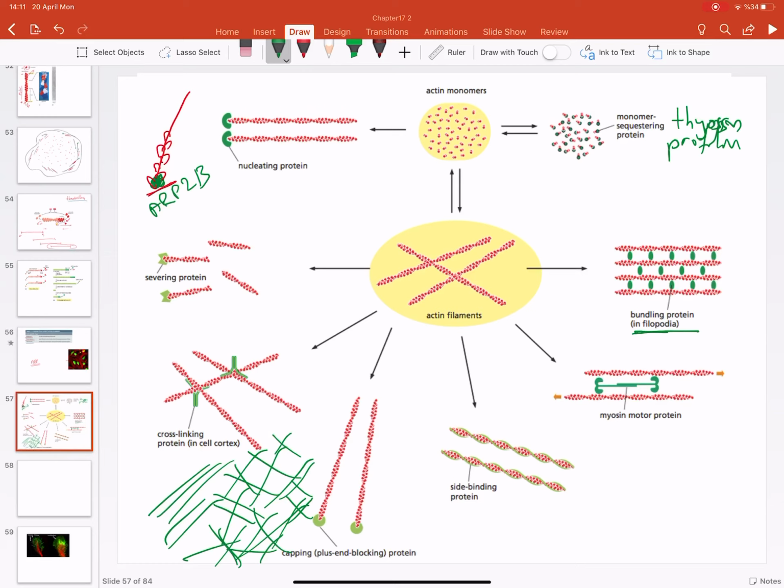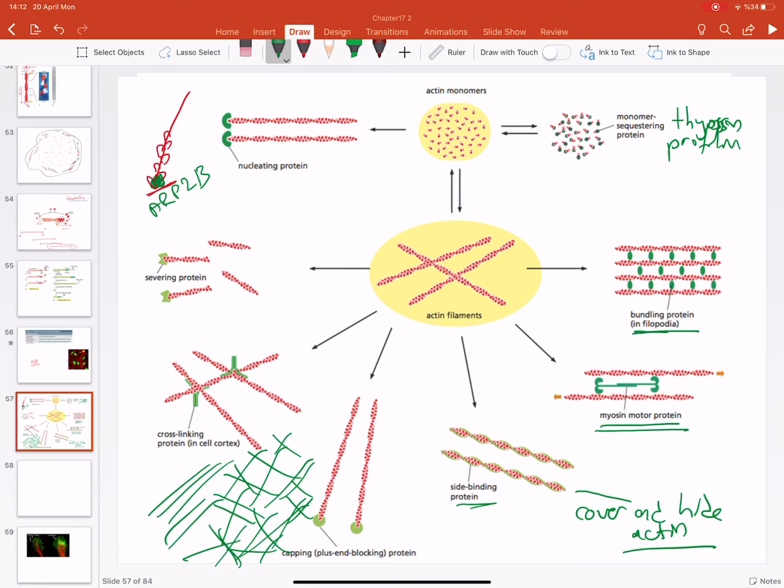Okay? And some proteins, by the way, cover the surface of the actin and they close the actin from interaction. Okay? So these side-binding proteins, they cover and hide actin. We will see them in the muscle structure. And finally, there are some motor proteins.